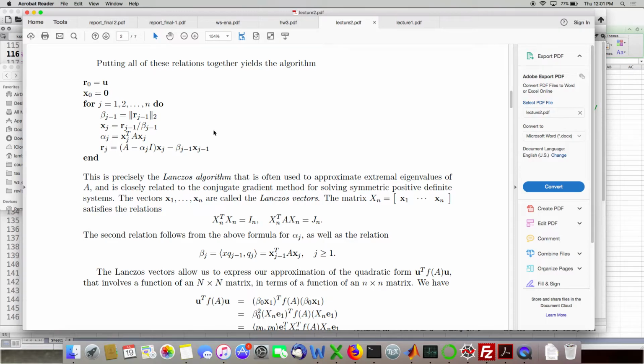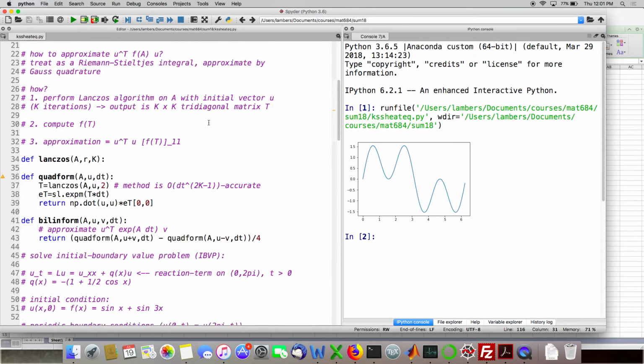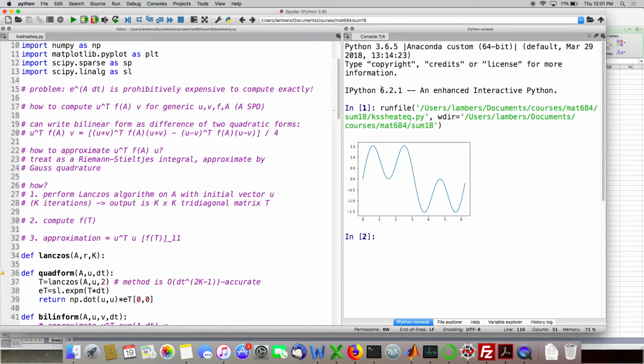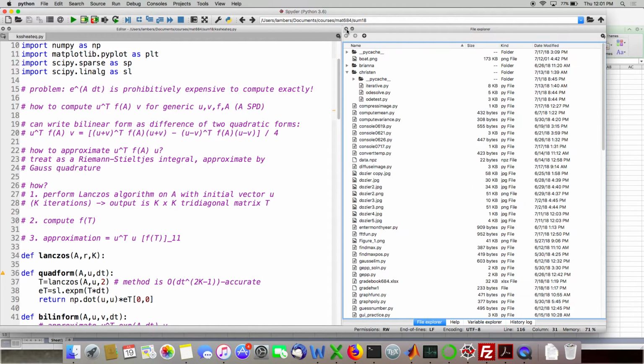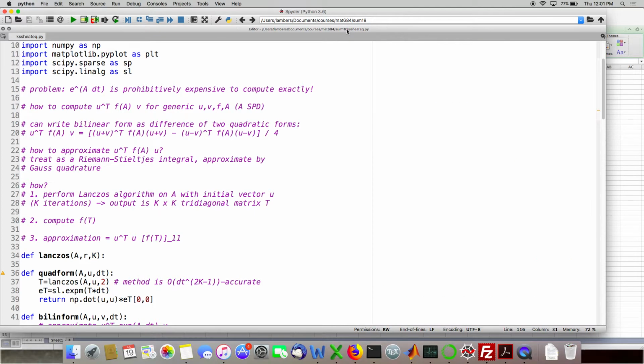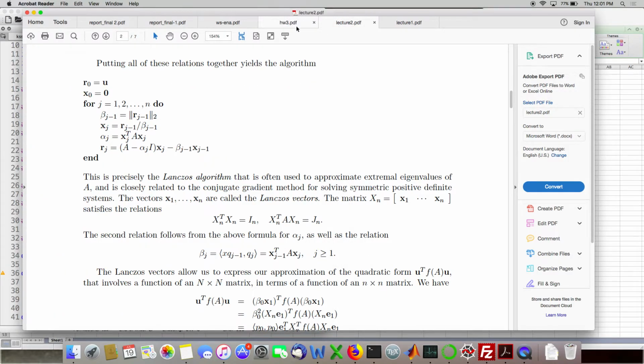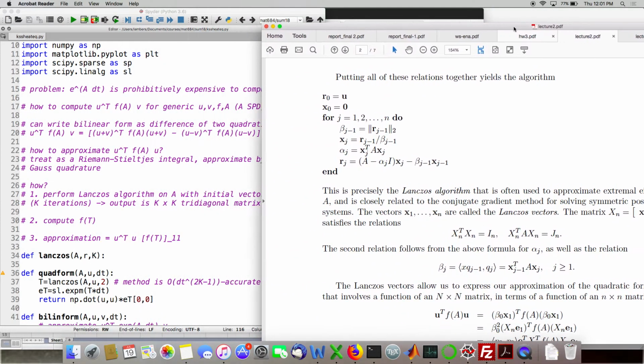Okay. I think what I'd like to do is, if possible, see if it'll let me close this altogether. I want to close everything. Okay. And then if I make this smaller, I want to have all this visible at the same time.